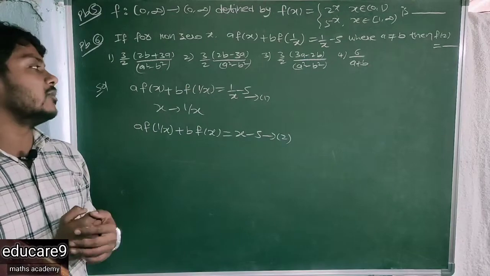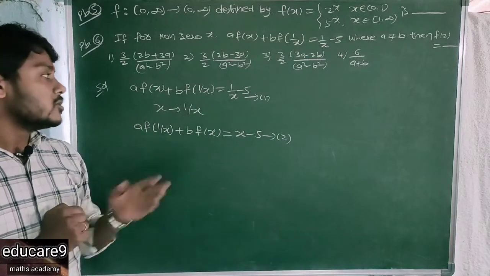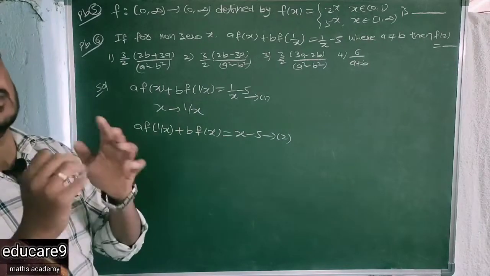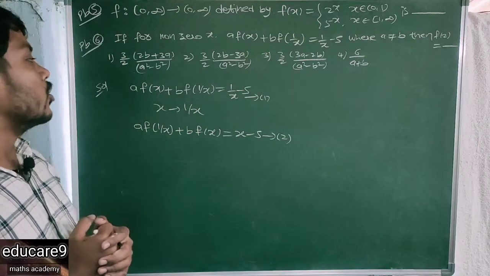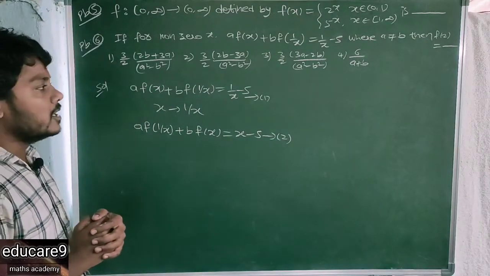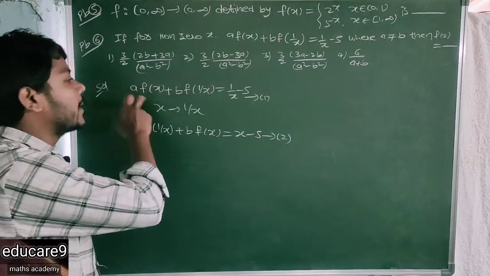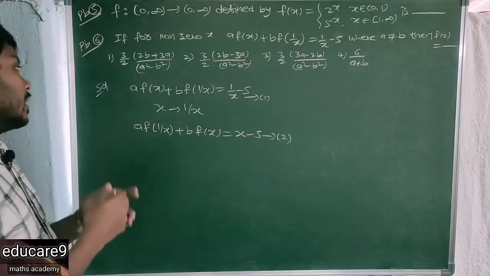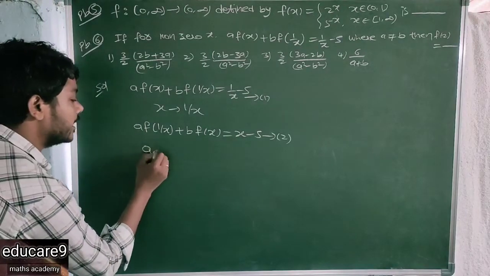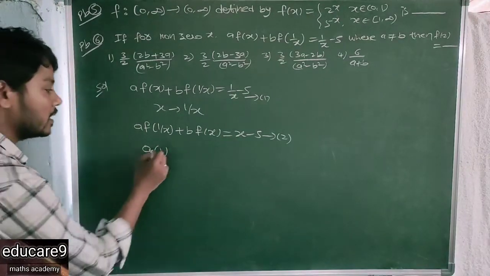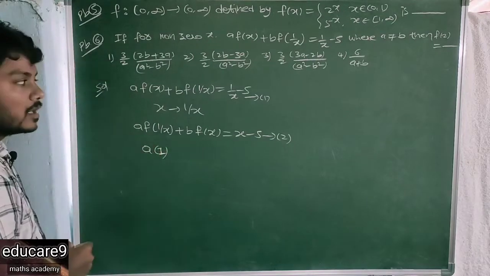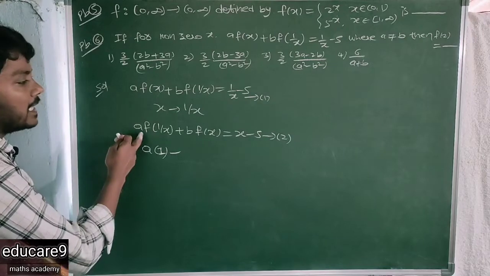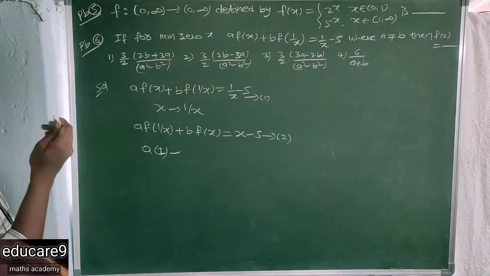So how to solve these two equations? In this we have to remove the f(1/x) function. So how to remove? See here, for that multiply equation 1 with a. So a into equation 1. Now multiply the second equation with b.